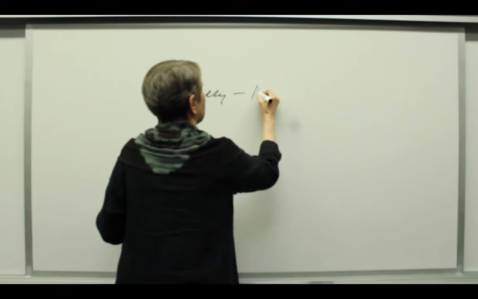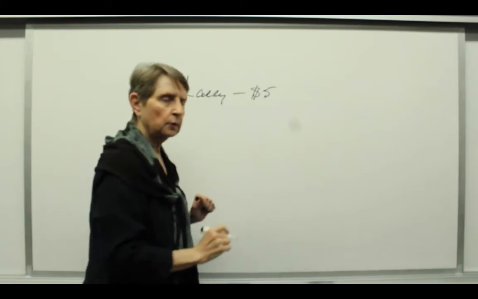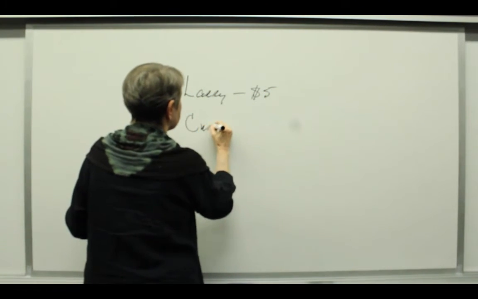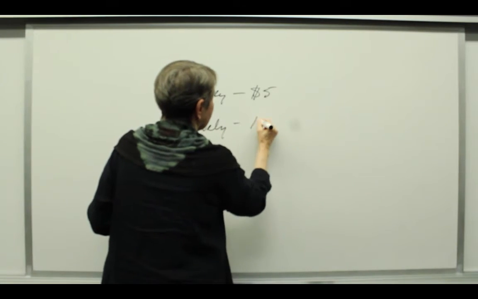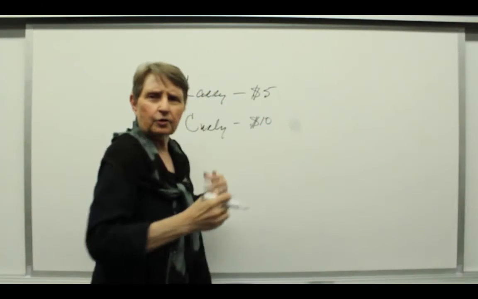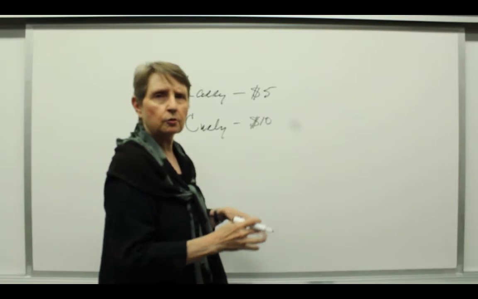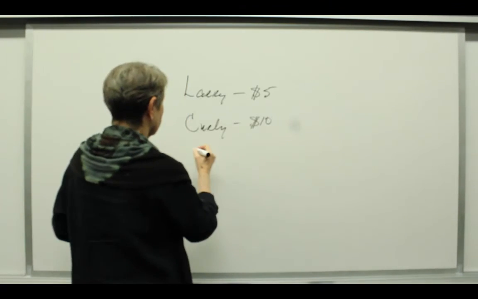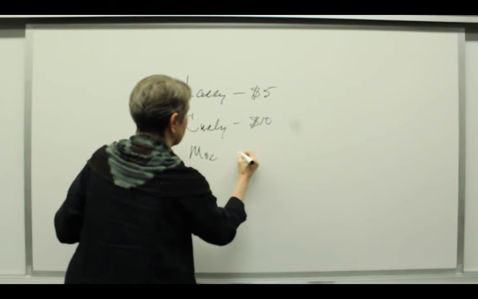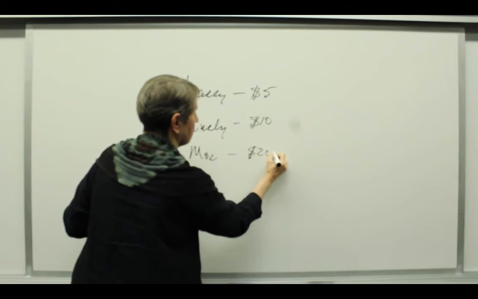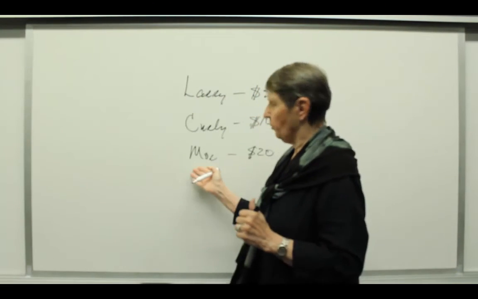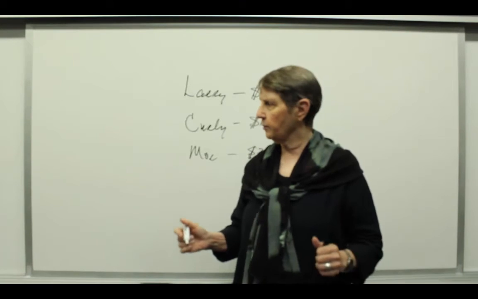He wants a $5 lunch. Curly says, you know, we're having lunch together. Let's spend $10. Let's go somewhere where this is the average price. Moe says, $20. I want to go somewhere where we have a really nice lunch. We don't get together that often.